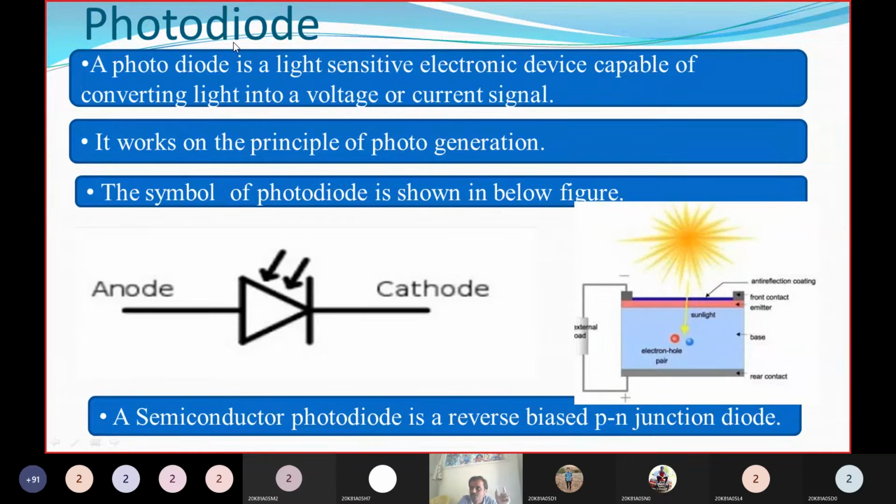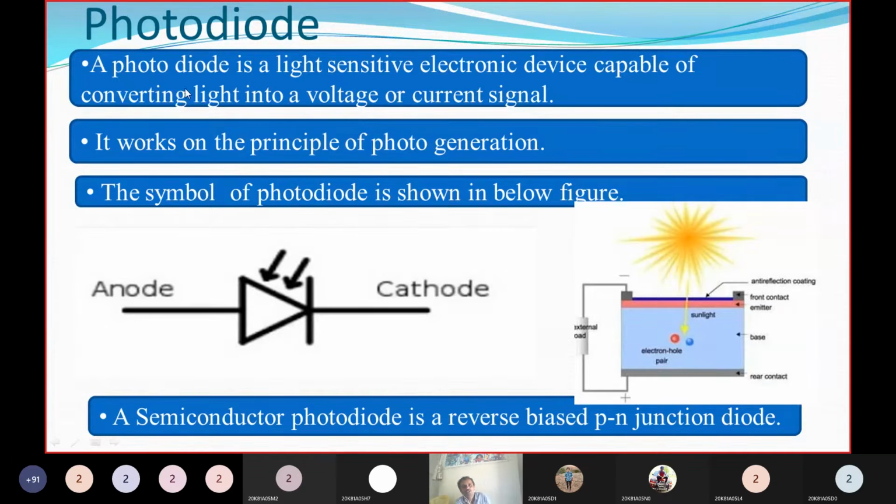Now we will discuss briefly this photodiode. It is a light sensitive electronic device capable of converting light into a voltage or current signal.